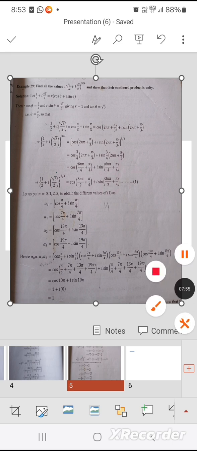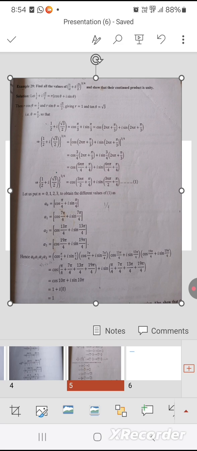For finding the continued product, multiply these four values, like here you can see a0 a1 a2 a3.